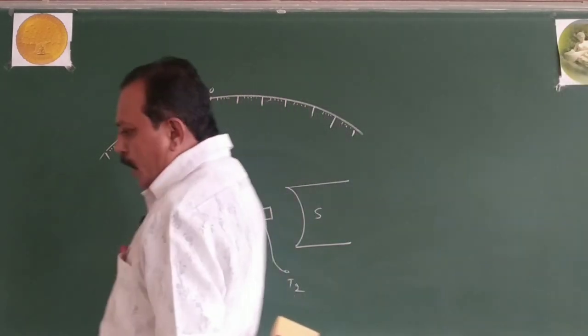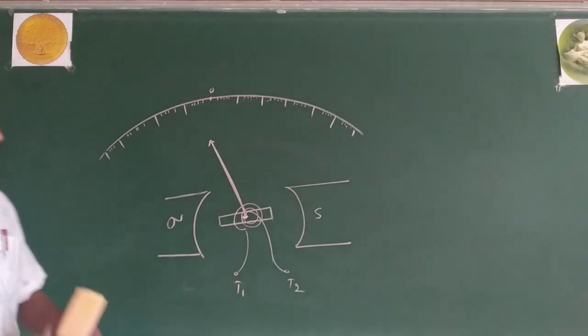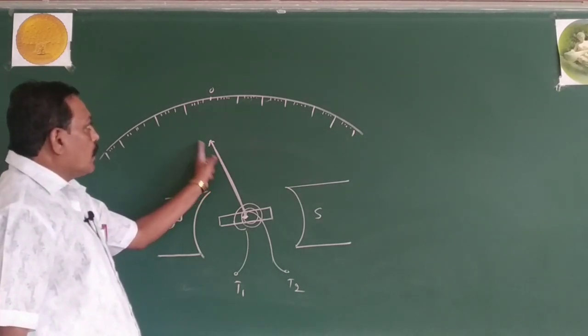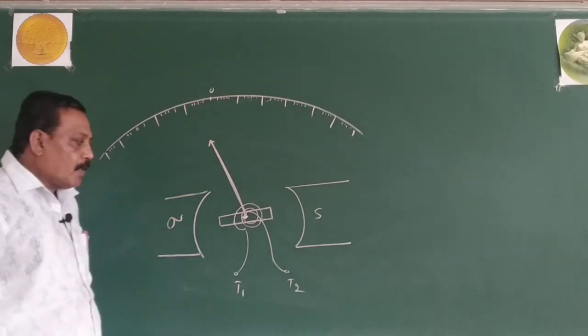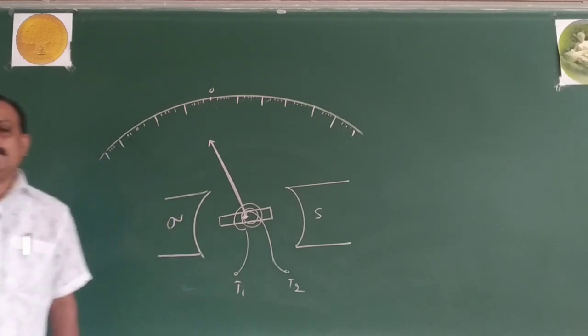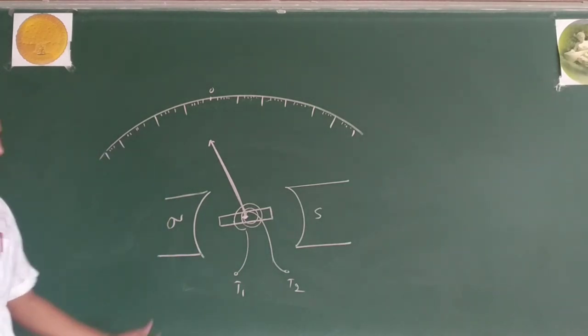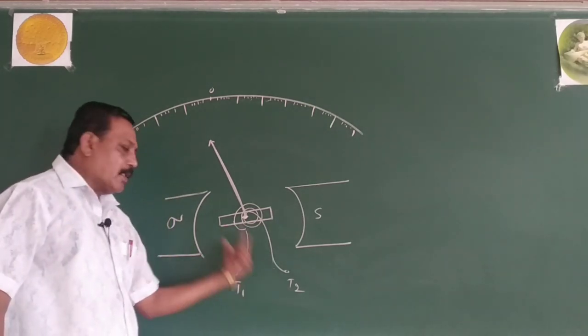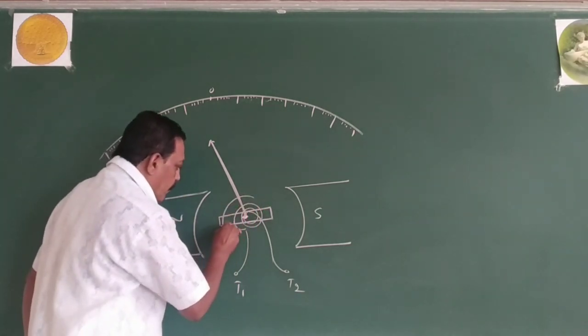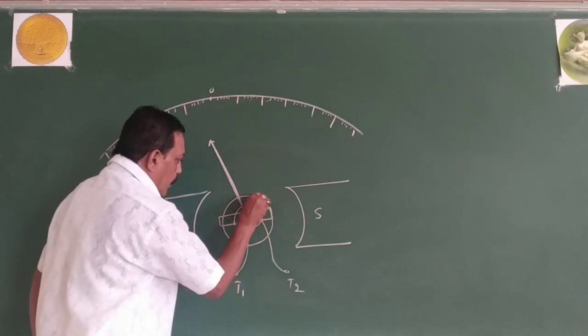The coil rotates. As the coil rotates, the pointer also rotates and it shows the deflection on the scale. And these two coils act as a restoring couple. And these two terminals are meant for passing the current. Now this is nothing but a magnet.